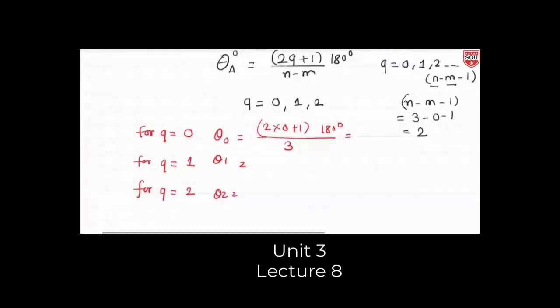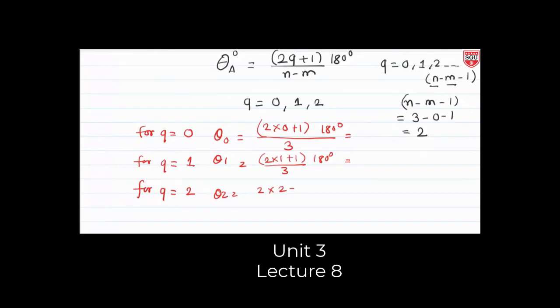What are the answers? 2 multiplied by 1 plus 1 upon 3 multiplied by 180. Then 2 multiplied by 2 plus 1 into 180 divided by 3. 3 angles will be there. What will be the answer?